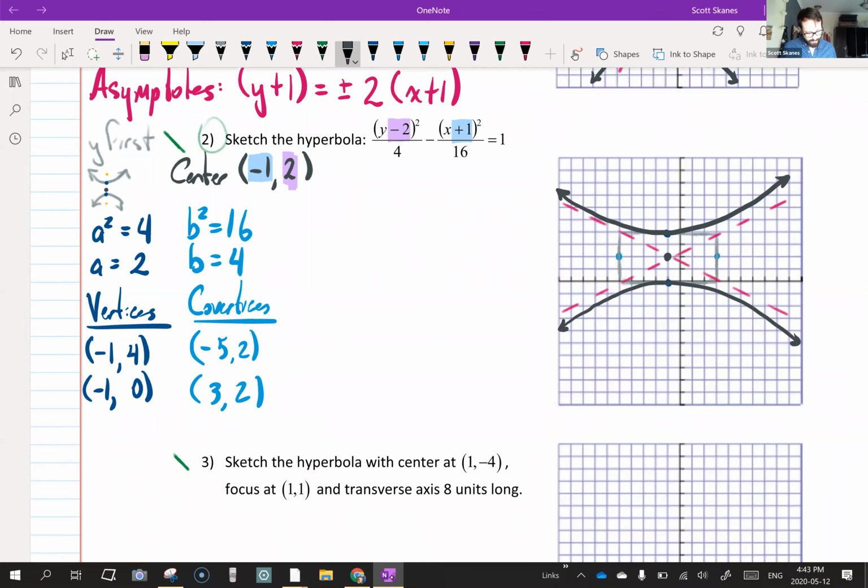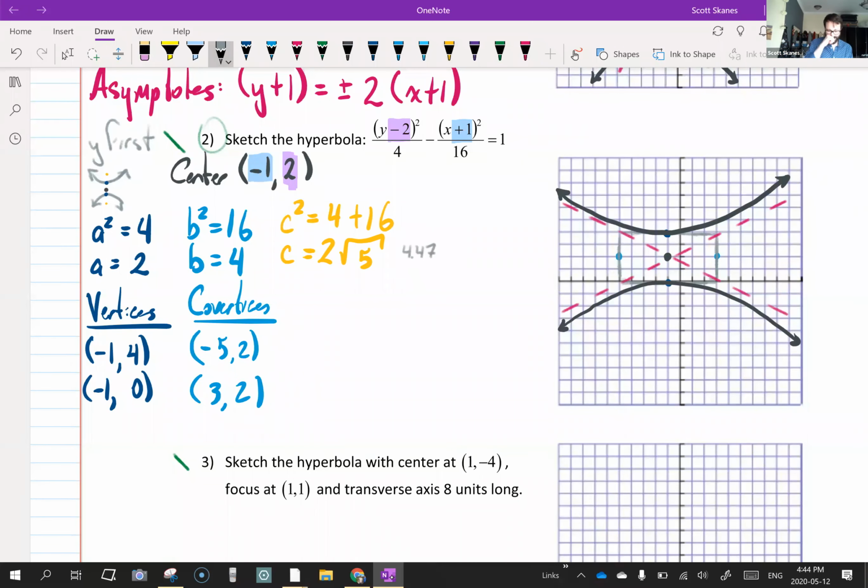Okay? And now we should do our foci. Because we've drawn it, but we still need to put our focal points on this. So c squared is a squared plus b squared. We know what a squared and b squared are. It's 4 and 16. 4 and 16 is, oh, we did this last question. It's 2 root 5. Which is the same thing it was before, 4.47.